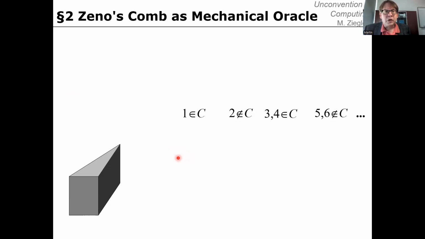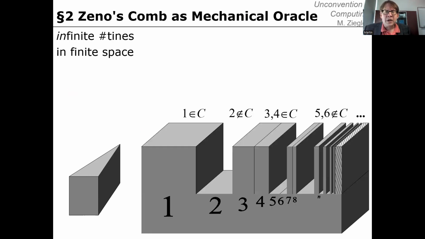And of course, in order to have infinitely many teeth in a comb of finite length, the teeth must become smaller and smaller. That's why it's called Zeno's comb, because the tines become smaller and smaller. In this way, we can fit infinitely many of them into a comb of finite length.